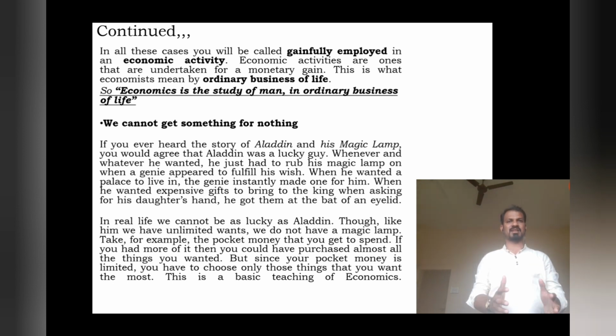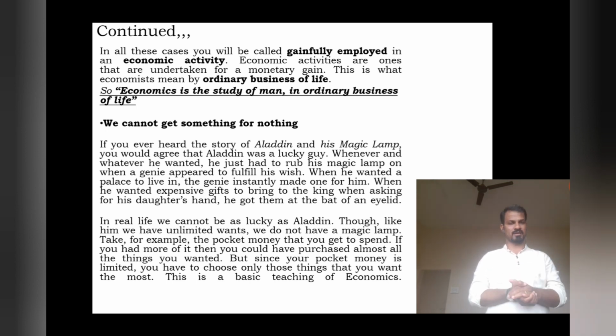one magic lamp. Okay, so you would agree that Aladdin was a lucky guy. He is the luckiest character, because whenever and whatever he wanted, he just had to rub his magic lamp and a genie appeared to fulfill his wish.